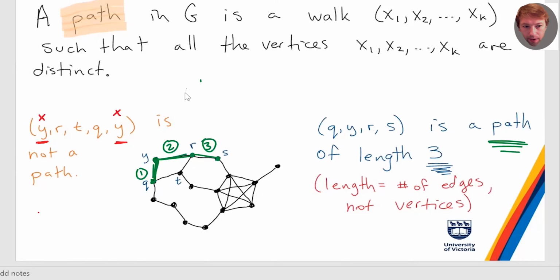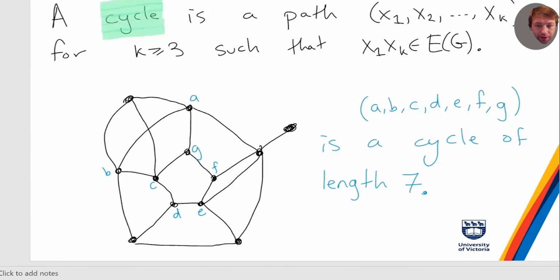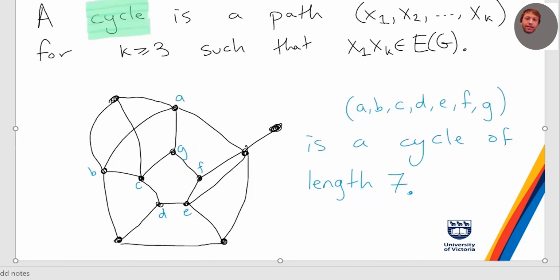Okay. So yet another definition. A cycle is a path where the first vertex is adjacent to the last vertex. So for example, if I take a, b, c, d, e, f, g, you can see that this is a path, and it's a cycle because there's an edge between a and g.